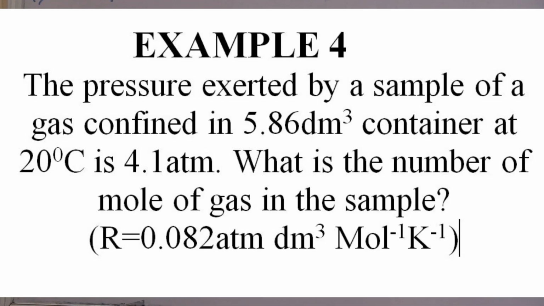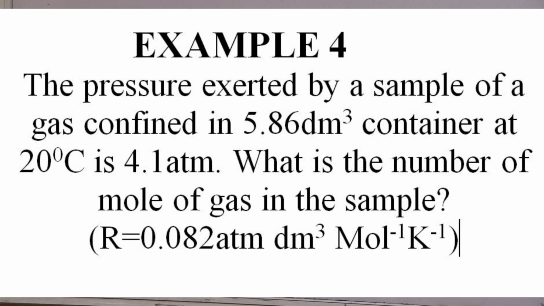Now let's look at example 4. The question says: the pressure exerted by a sample of a gas confined in a 5.86 dm³ container at 20 degrees C is 4.1 atm. What is the number of moles of gas in the sample? Gas constant R is 0.082 dm³ atm per mole per Kelvin.